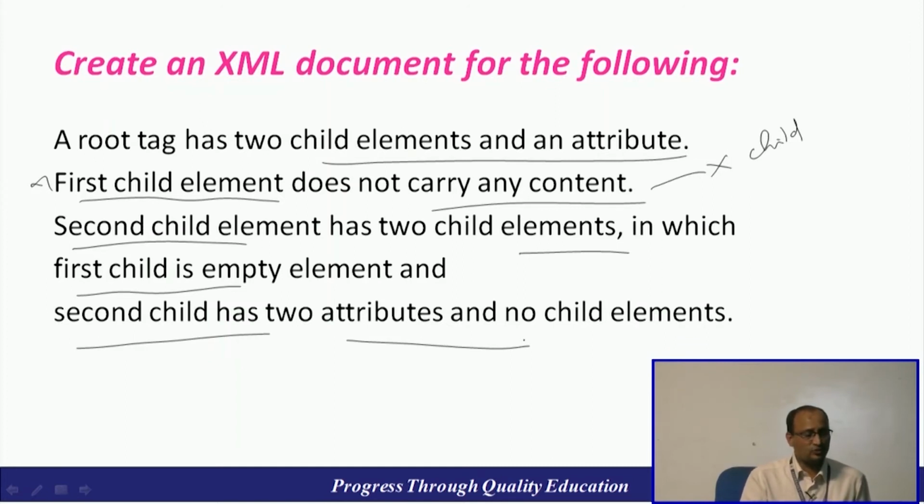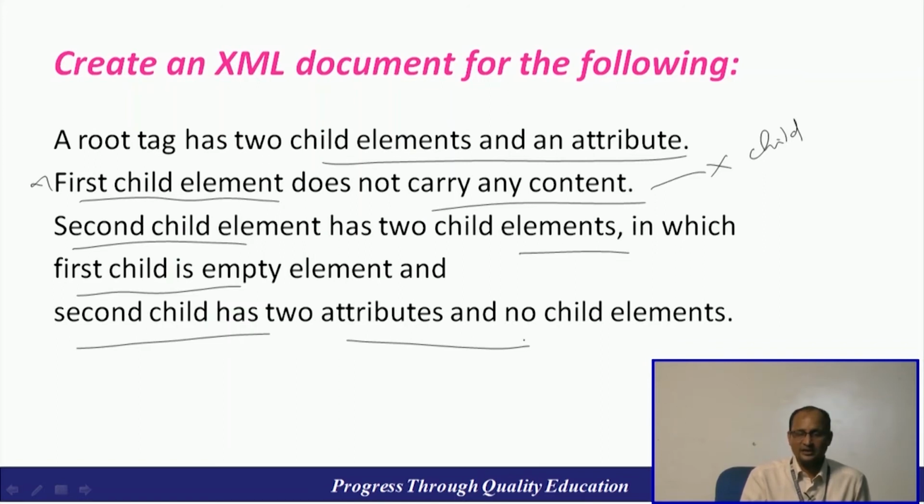As usual, we have to start with the pre-processing statement, then we have to create the relevant root tag. In this context, I have not specified the content. Previously, I specified create an XML document for employee, or for fruits, or for animals.